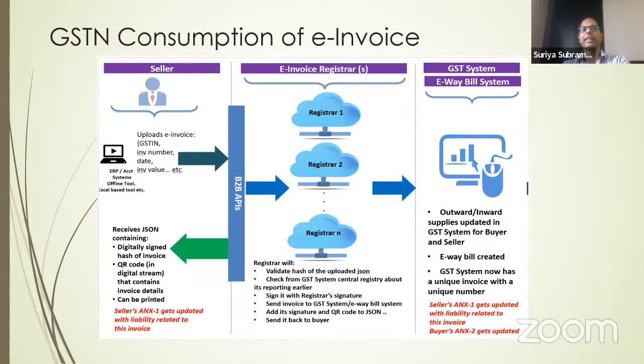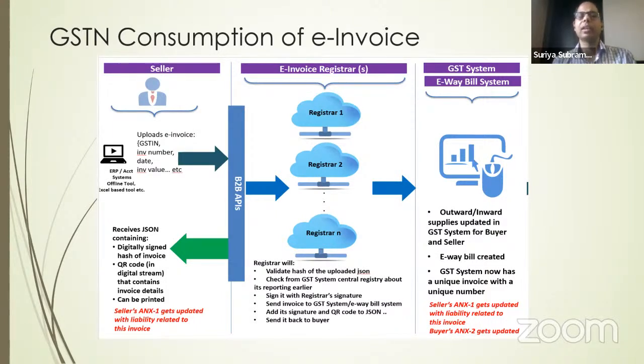Furthermore, the e-invoice registrar also sends the invoice to the government's GST portal, the common portal, or gst.gov.in. In this portal, it will get populated into your GSTR1 automatically. It takes about 2 to 3 days for this process to happen.